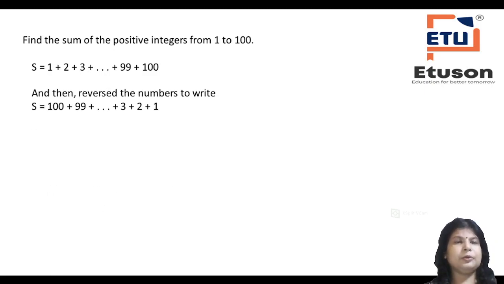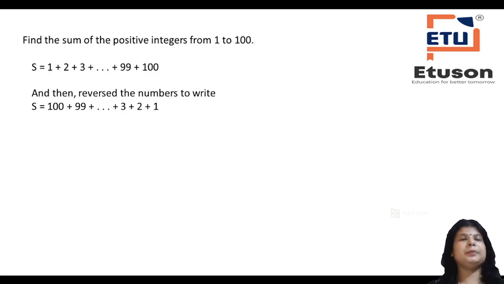Now what we will do is reverse the numbers and write it. That means the summation which was represented by the numbers starting from 1 to 100, we will write in the reverse manner.